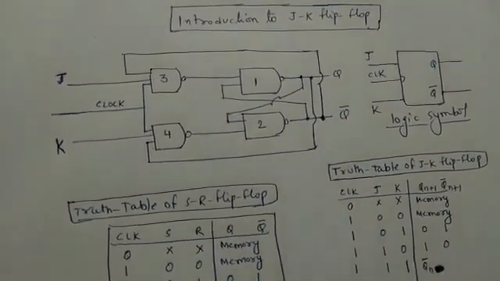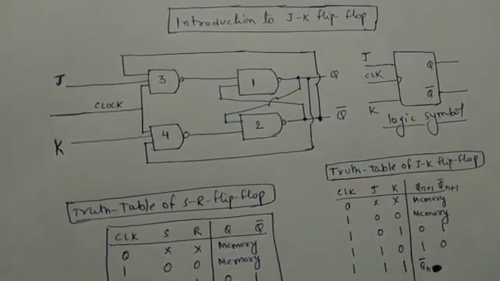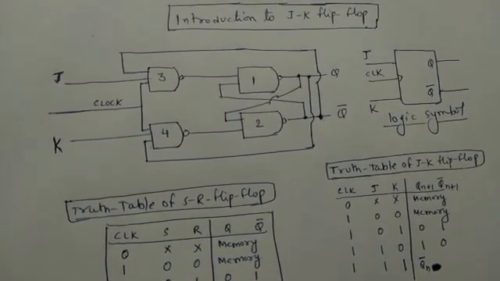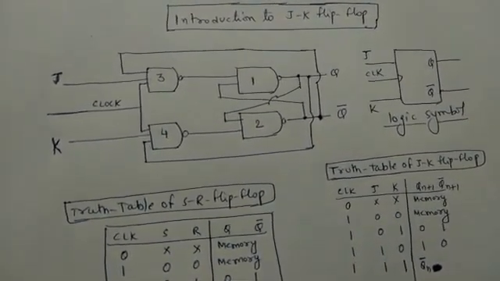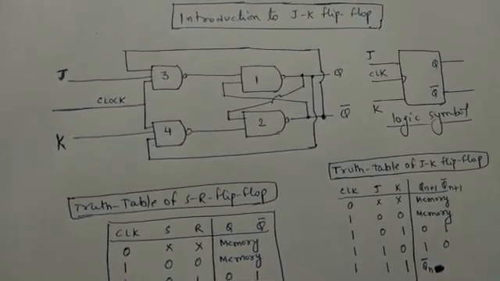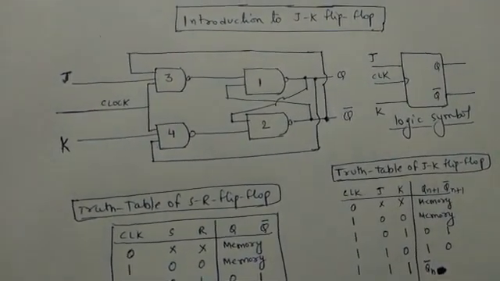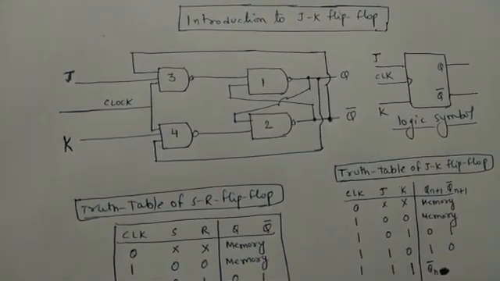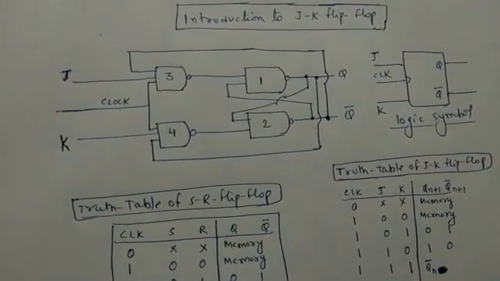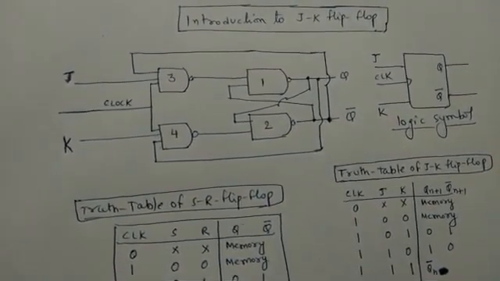Now let us consider the working of this JK flip-flop, which is similar to that of the SR flip-flop, with the difference being only when both the inputs J and K are given as 1 1.